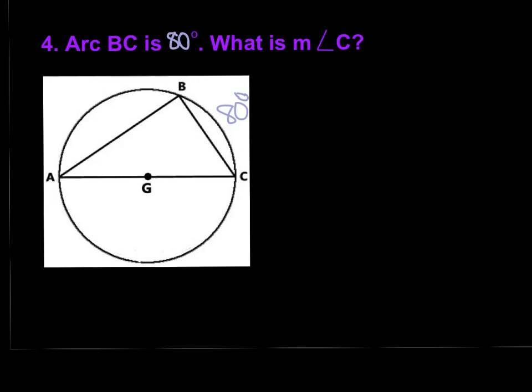Okay. Now for this problem we're going to do something that we didn't really talk about in this video, but we have talked about in class. Let's talk about how many degrees are all around the circle. If you're thinking 360, then you are correct.